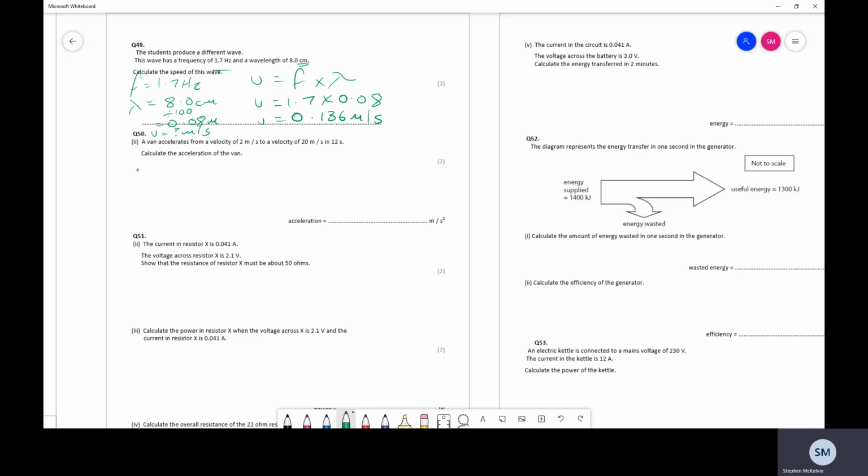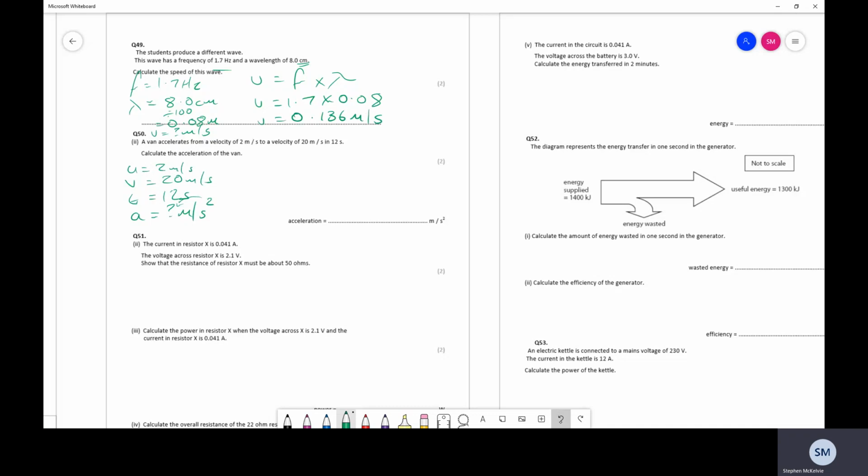A van accelerates from a velocity of 2 meters per second, so an initial velocity, u, of 2 meters per second, to a final velocity, v, of 20 meters per second in 12 seconds. The time taken for that was 12 seconds. Calculate the acceleration of the van. Acceleration is equal to, I don't know, meters per second squared. And a reminder that that does not mean that I need to square the number in front of it.